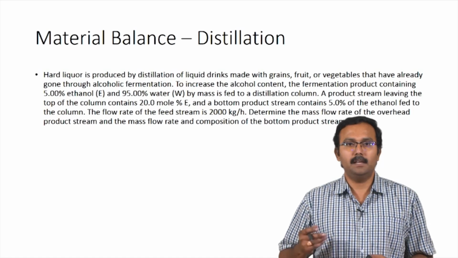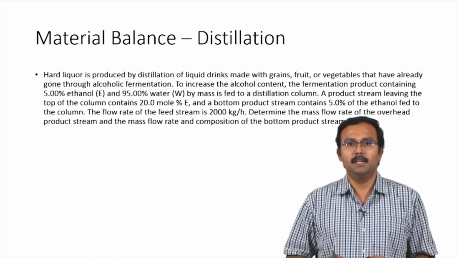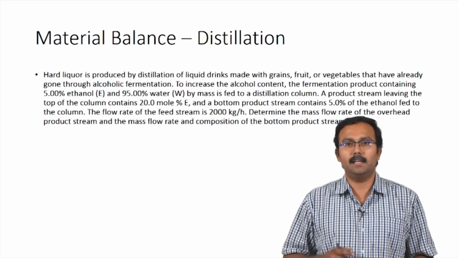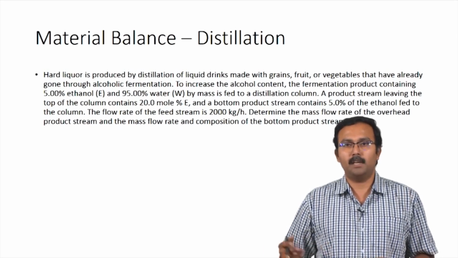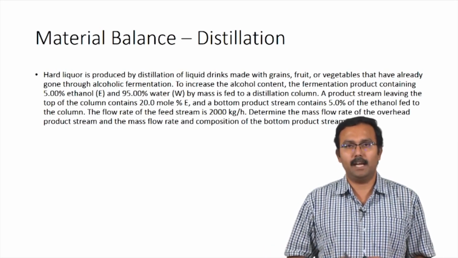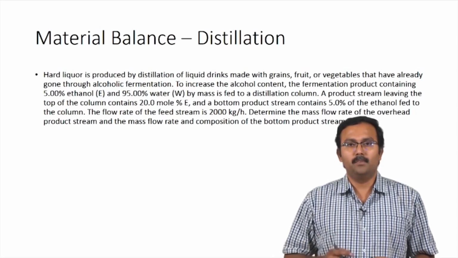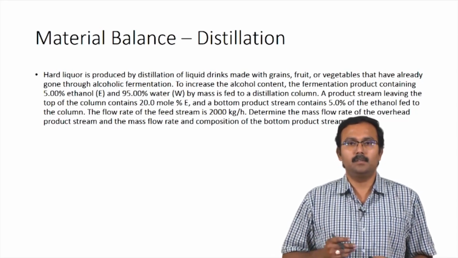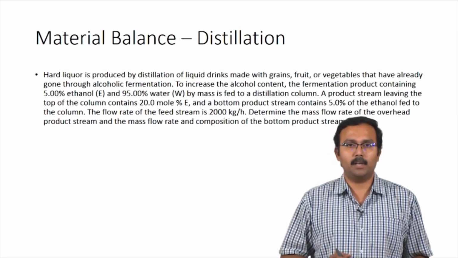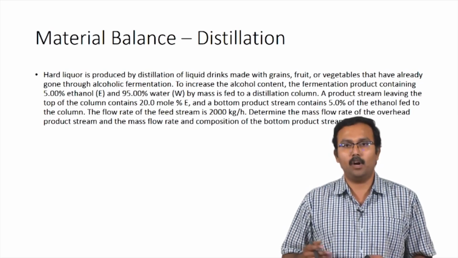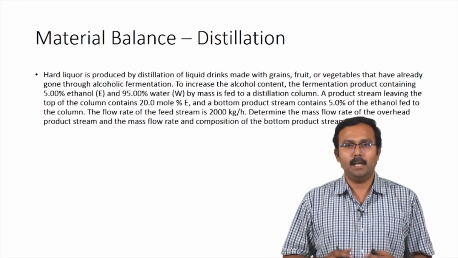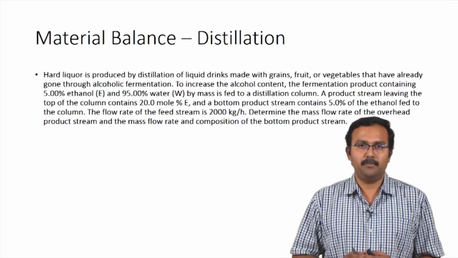A product stream leaving the top of the column contains 20 mole percent ethanol, and the bottom product stream contains 5% of the ethanol fed to the column. The flow rate of the feed stream is 2000 kilograms per hour. Determine the mass flow rate of the overhead product stream and the mass flow rate and the composition of the bottoms product. So now we have been given a lot of information.